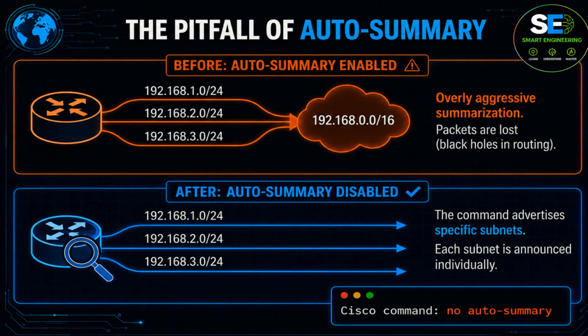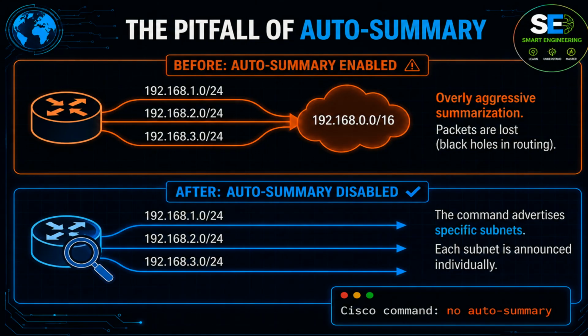This summarization may seem efficient, but it can create serious routing problems. Routers lose visibility of the exact subnetworks, and packets may be sent to the wrong destination, creating what we call routing black holes.